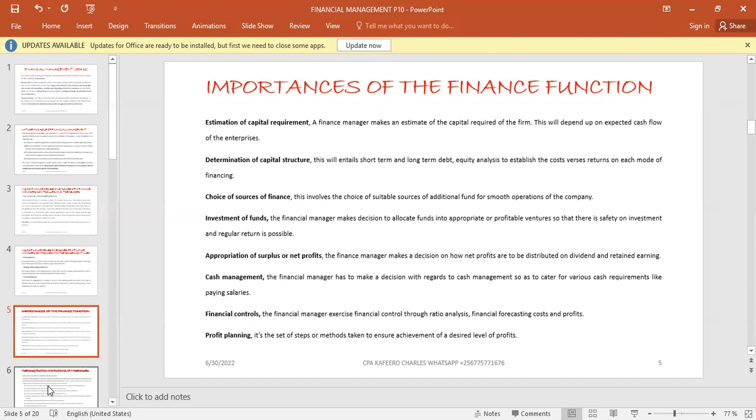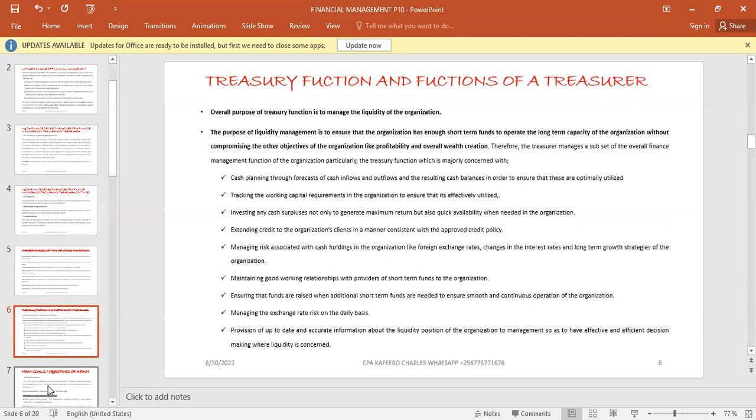So today I'm going to stop on this one, because I told you we are going to be looking at the roles of the treasurer, and we are looking at the treasury function. But remember, this treasury function is mainly within the organization for the day-to-day operation.